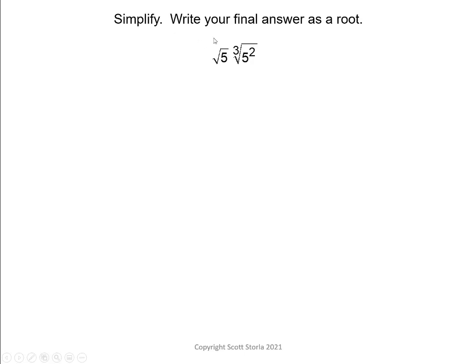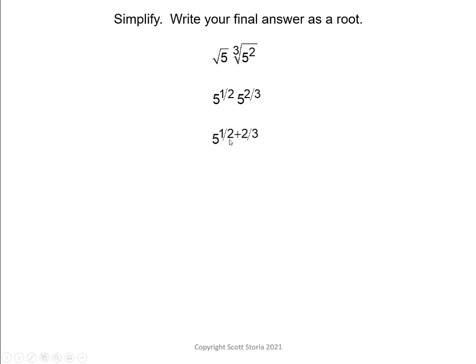We have one square root and one cube root. In order to still find the product, I'm going to switch from roots to rational exponents. My first factor is going to be a base of 5 with an exponent of a half, and my second will be a base of 5 with an exponent of 2/3. Since bases are the same and I'm multiplying, I can now add the exponents.